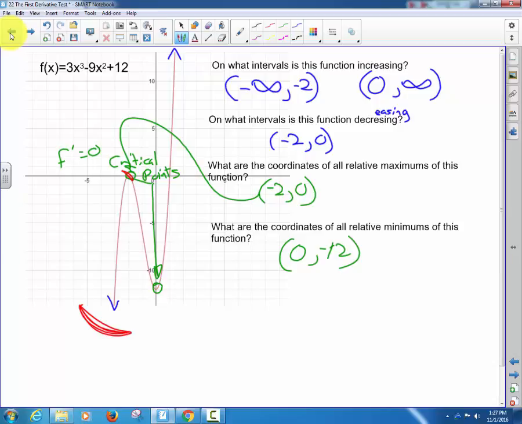But you're on the right track there. What about the slope over here? What can you tell me about the slope over here? The slope's always positive, isn't it? If the slope's positive, see if this makes sense. If the slope is positive, what does that tell you about the function? It's increasing.